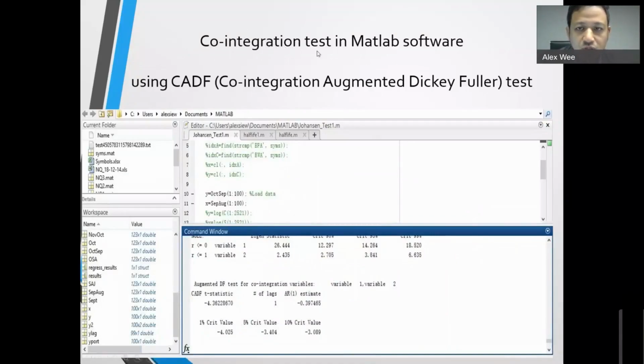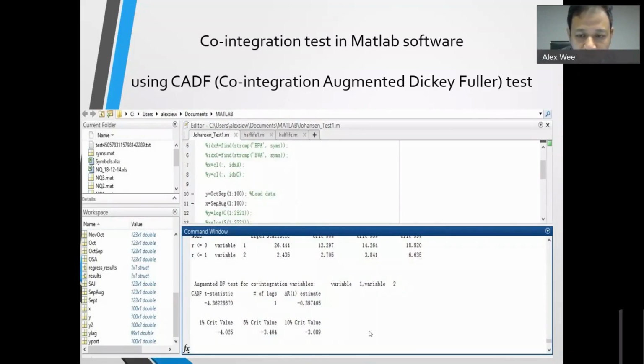The co-integration test in MATLAB was a bit touching on the previous topic. If you use the CADF, co-integrated augmented Dickey-Fuller test, you can see that if the CADF value, the t-statistic, is very negative, it is another way to prove that these variables are co-integrated.